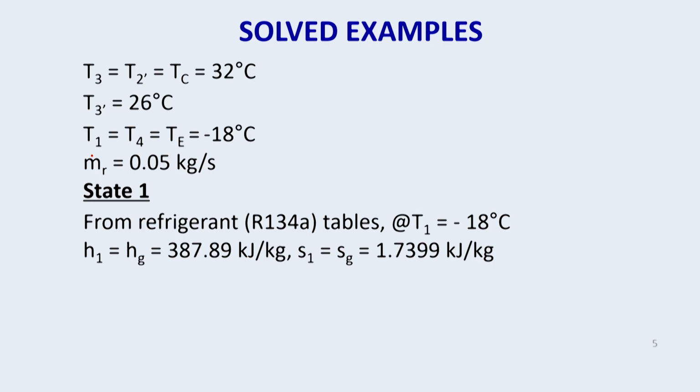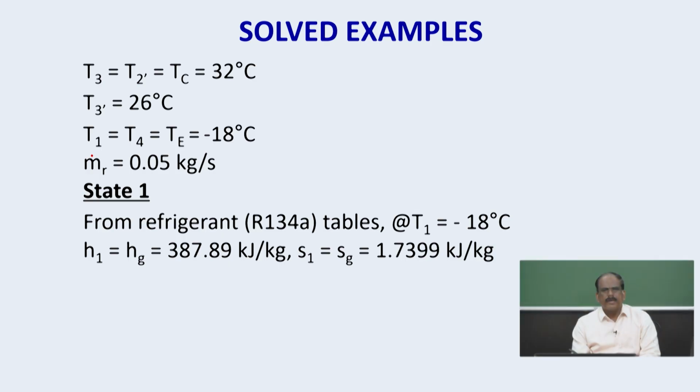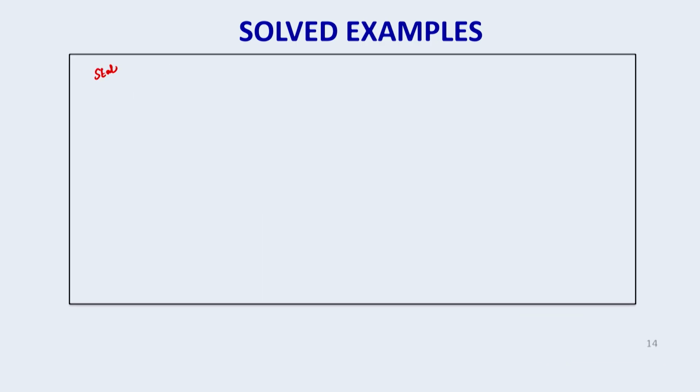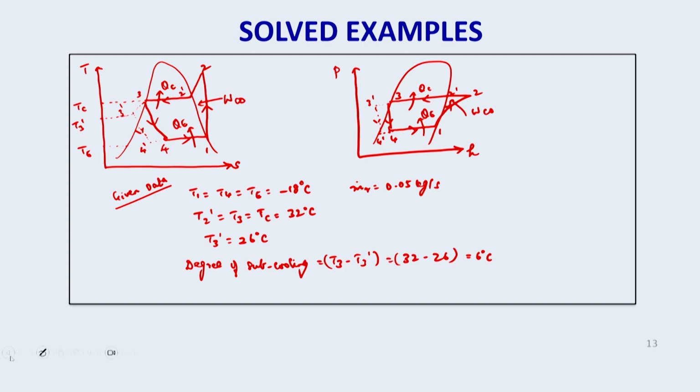State 1 is lying in the saturated vapor region, so directly we can read the enthalpy and entropy values from the table. State point 1 is saturated vapor, which is lying on the saturated vapor line.